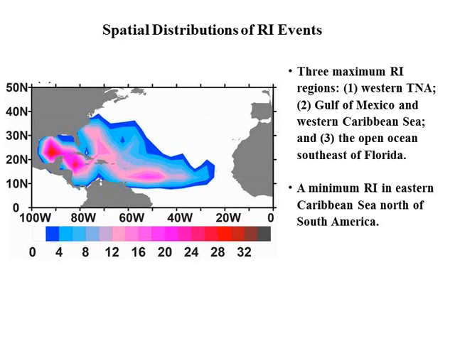And the third region is over the open ocean, southeast of Florida. And also, if you look at this region, it is the minimal I region. This is consistent with what hurricane forecasters call this region, the hurricane graveyard.